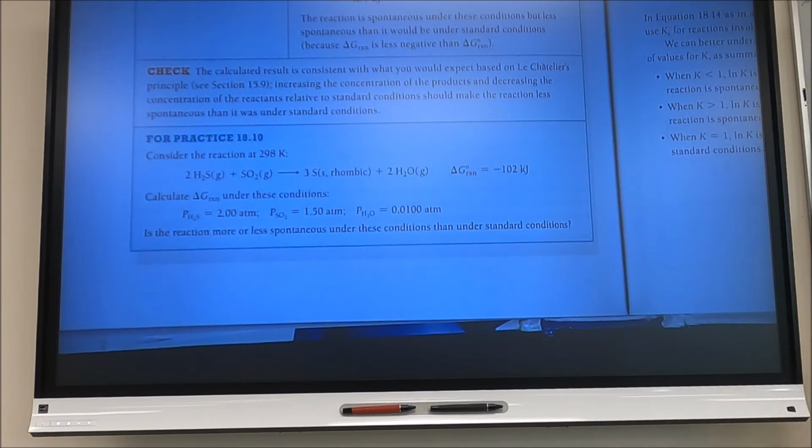All right, now you guys look at that. I'm going to rewrite the reaction. So I've got 2 H2S gas plus an SO2 gas going to 3 sulfur solid rhombic and 2 H2O in the gas.